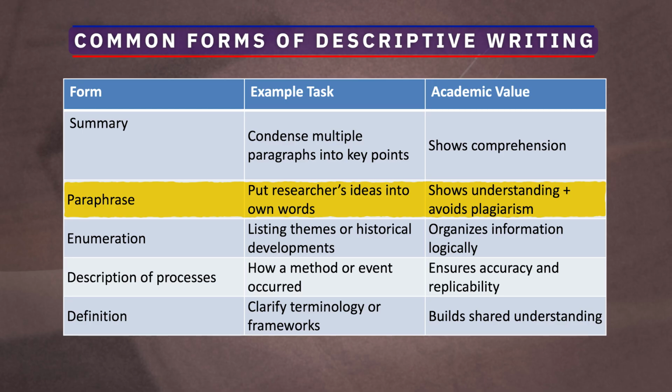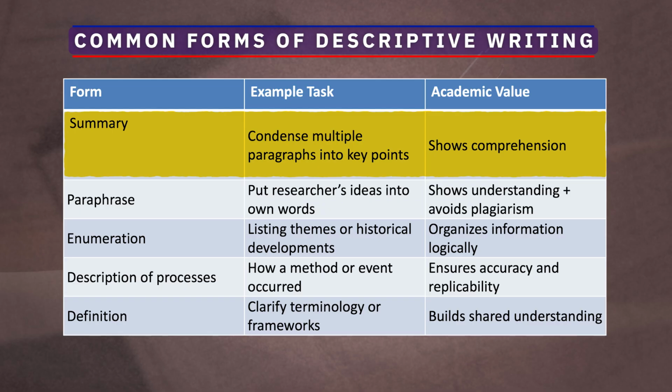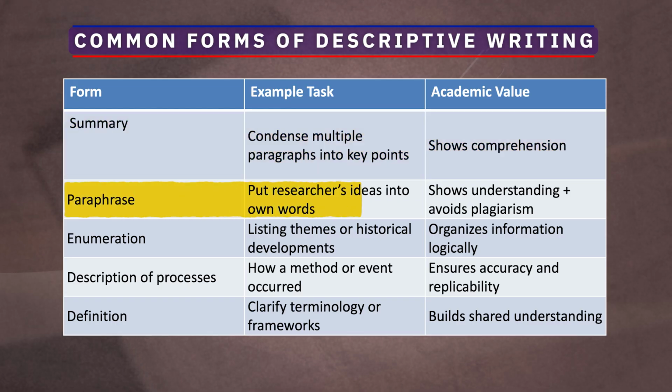There's a difference between summary and paraphrase. A summary is condensing multiple paragraphs into key points. But paraphrasing, on the other hand, is putting the researcher's ideas into one's own words. Any scholarly article or any kind of scholarly debate which is expressed in one's own words is called paraphrasing.